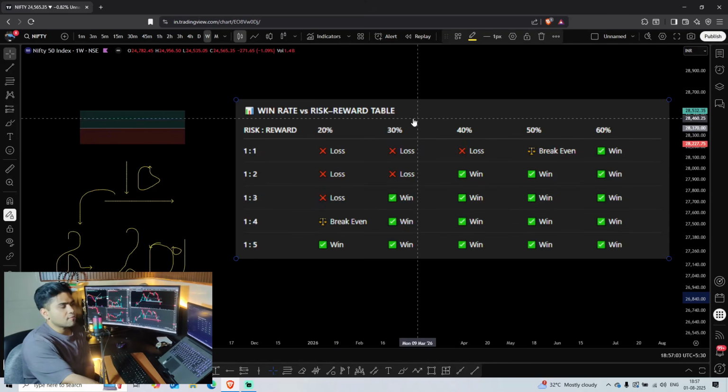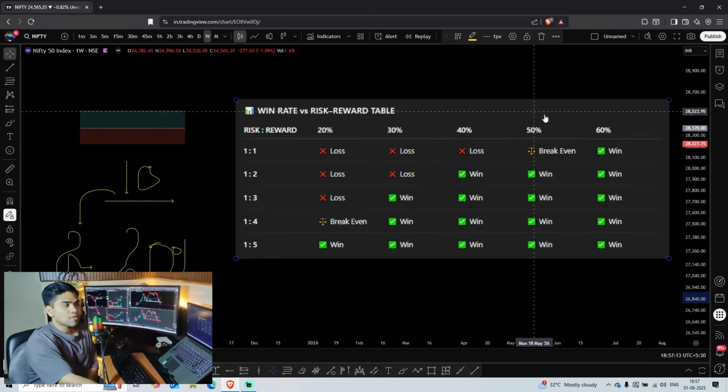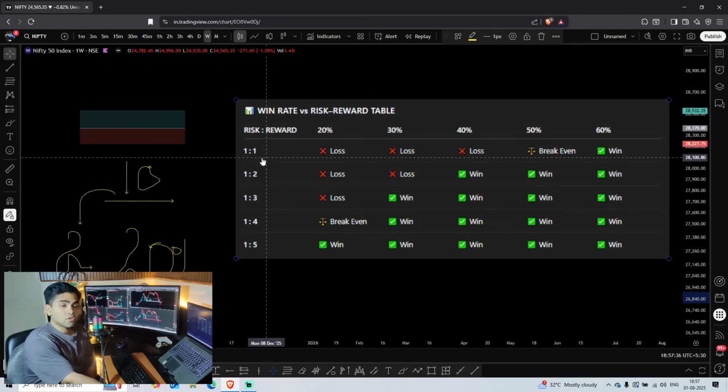Now the same thing with the 30. You're making 3 good trades, which means you are at a 30 profit, but still in the 70 you are losing, right? Still at loss. And what is this break even? Break even means that when you are at a 50% win rate, out of 10 trades you are winning 5 trades, and you are playing a 1:1 risk reward ratio.